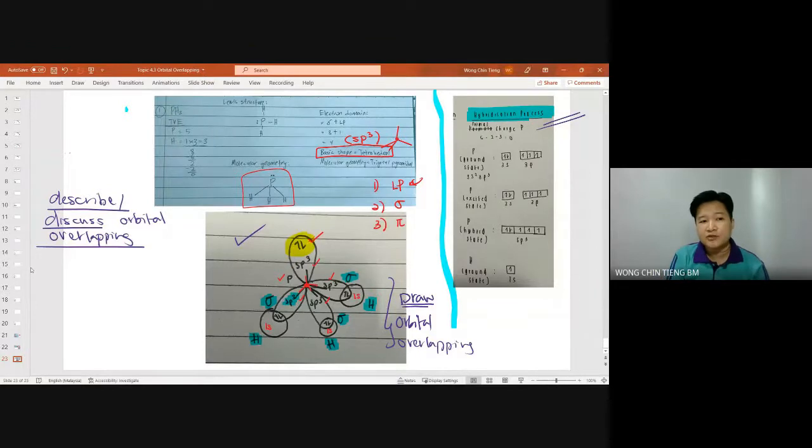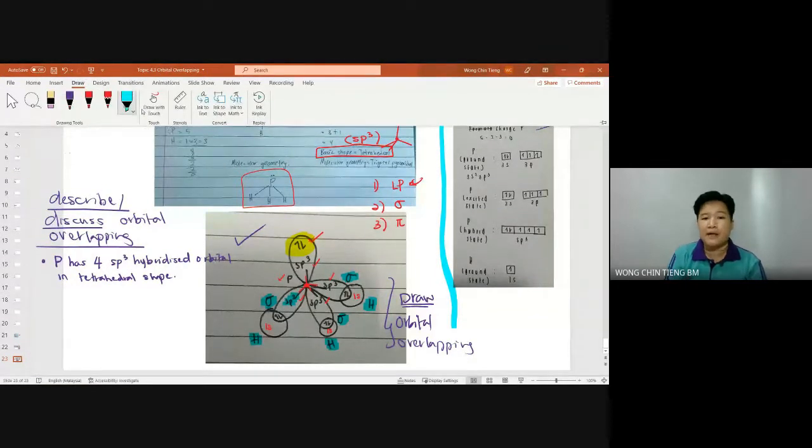Sentiasa mula dengan central atom. Central atom kita phosphorus, bagi tahu. Phosphorus has 4 sp3 hybridized orbital. Bagi tahu dia ada berapa hybridized orbital tersebut dalam bentuk apa? In tetrahedral shape. Always start with central atom.